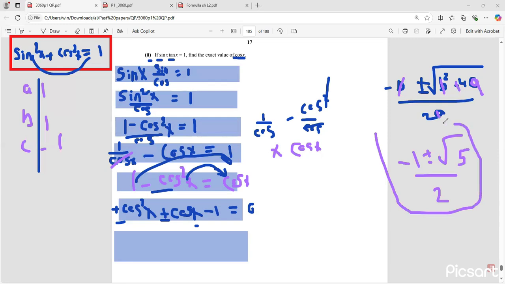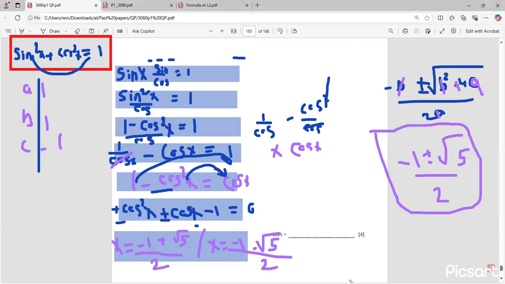We're going to split it, 1 for positive root and 1 for negative. So the final answer: x equals negative 1 plus root 5, all divided by 2, or x equals negative 1 minus root 5, all divided by 2, and that is trig. And we did it, I think. Nothing more, nothing less. So let's see the next.